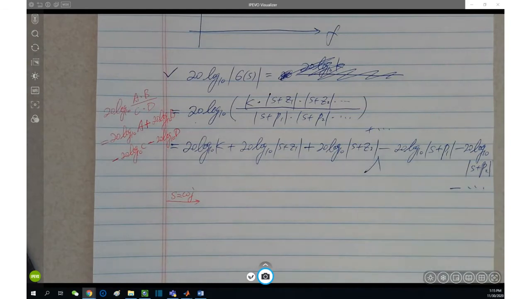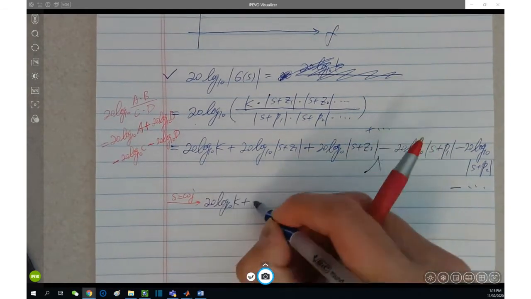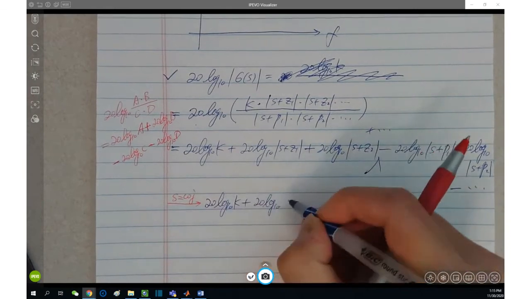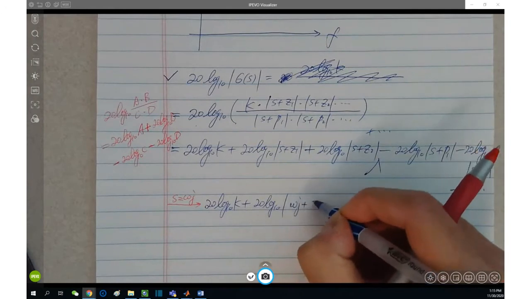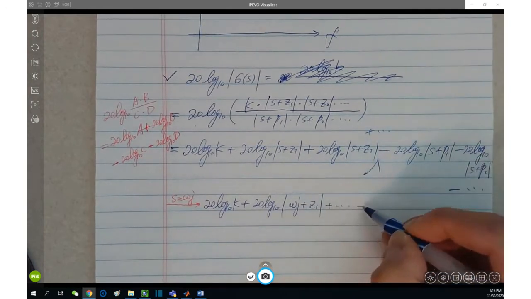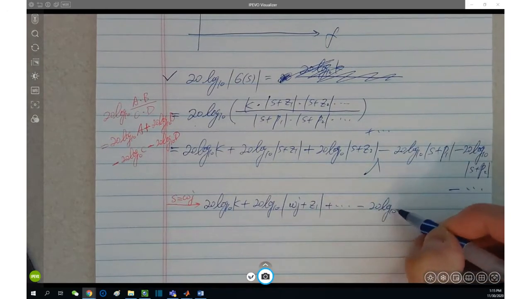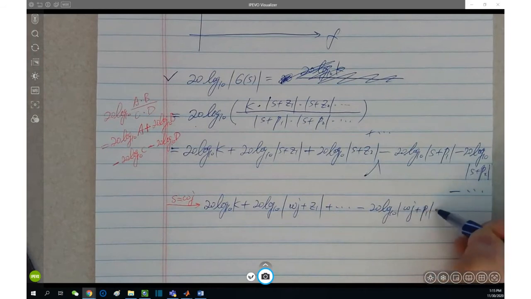What are we going to have? 20 log 10 k plus 20 log 10 of omega j plus z1, plus dots, minus 20 log 10 of omega j plus p1, minus dots.